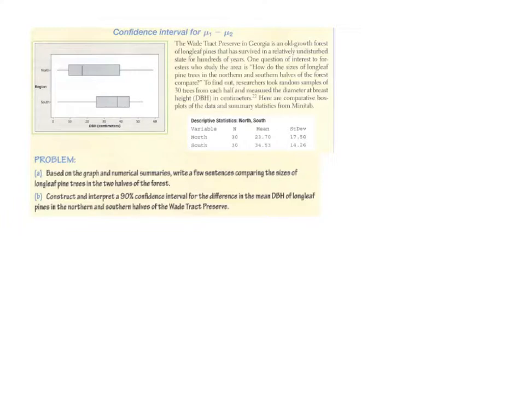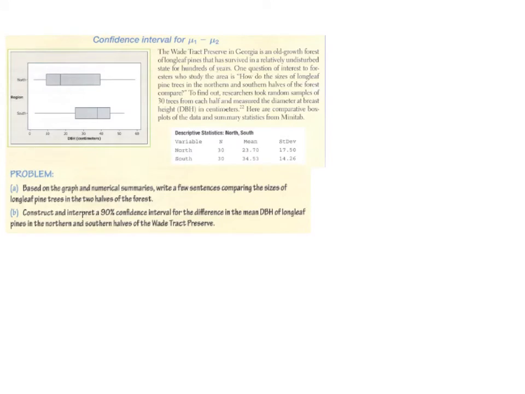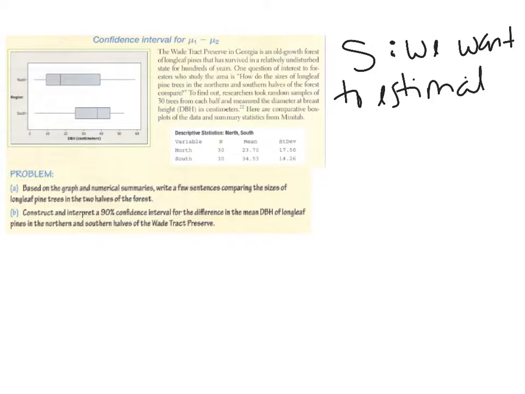So our first step here is our state. Okay, so our state part here. I'm doing a confidence interval, so we want to estimate, because I'm trying to figure out a range of values that would include the true value.